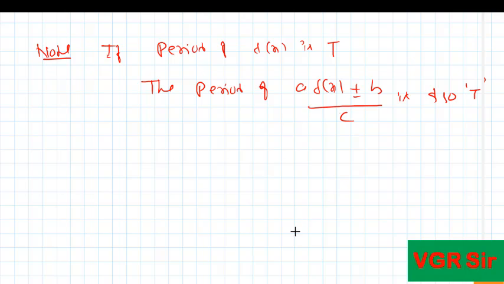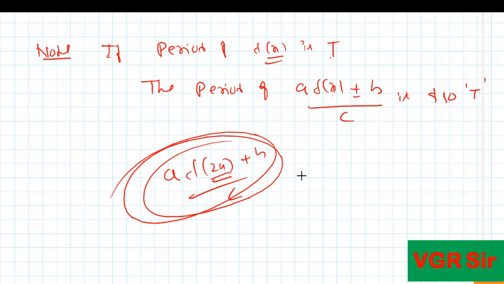Important. Another case is if f of 2x is given, which is different. The period of f of x is t, but the period of f of 2x is different. For example, if a problem is a into f of 2x plus b by c, we can't say that the period of this function is t. We can find the period, that is not a big problem.